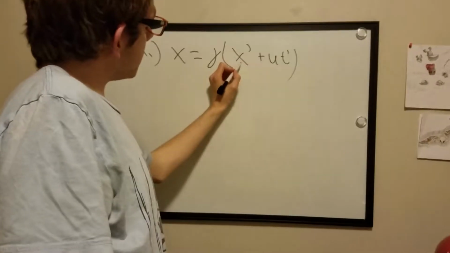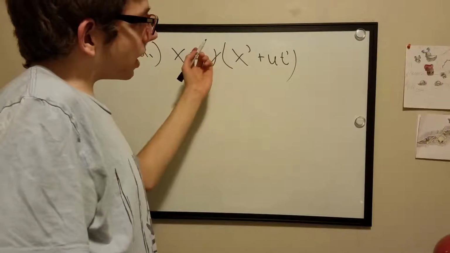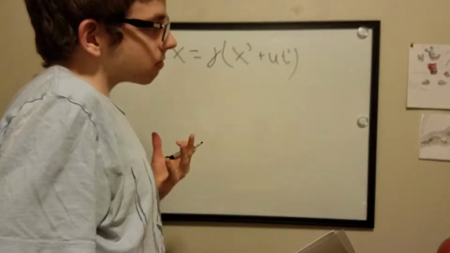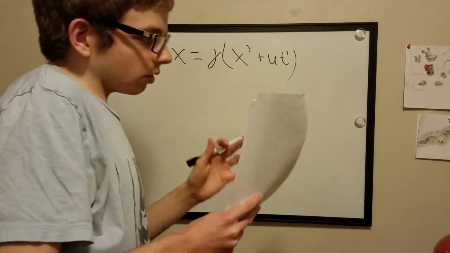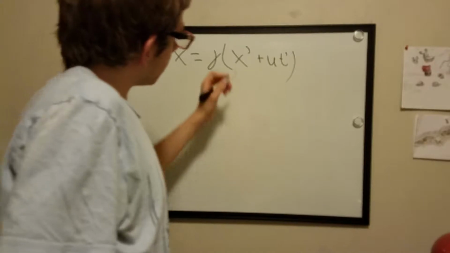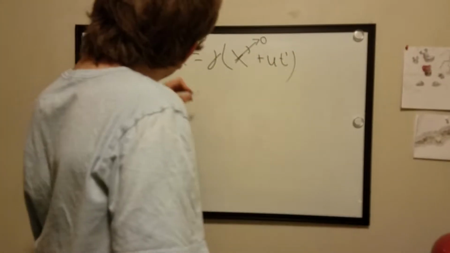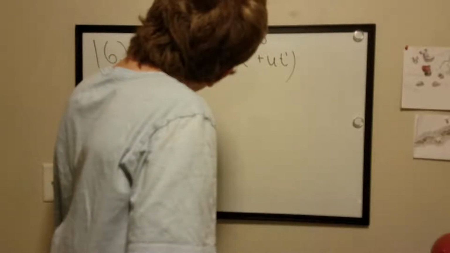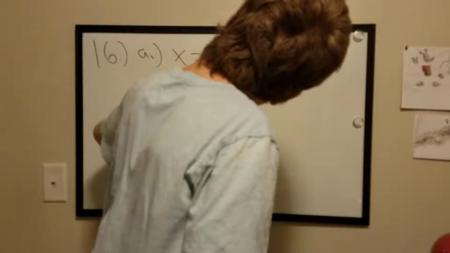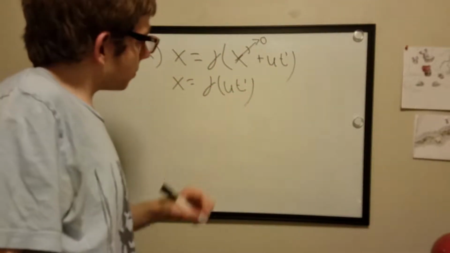This is Mavis's x, what she experienced as position, but from her frame of reference, it's just the distance. It's not like measuring the spaceship at all. So this simply goes to 0. Then Stanley's x simplifies down to gamma times u t prime, and t prime is Mavis's time, which is given to us.